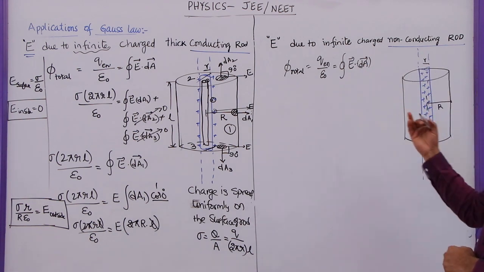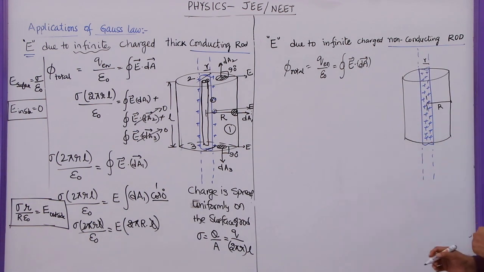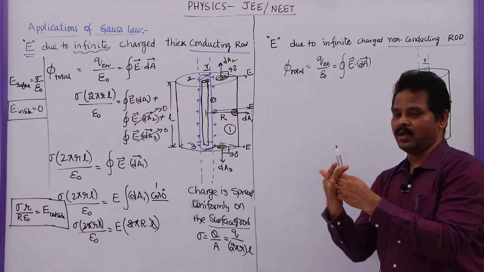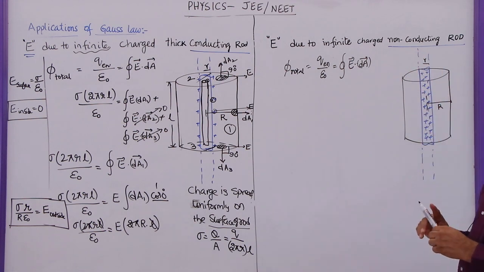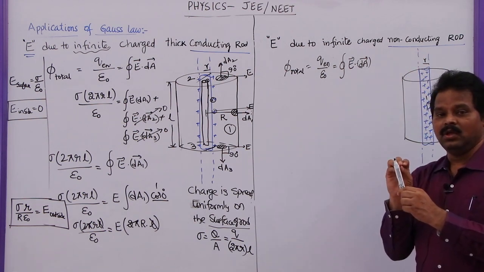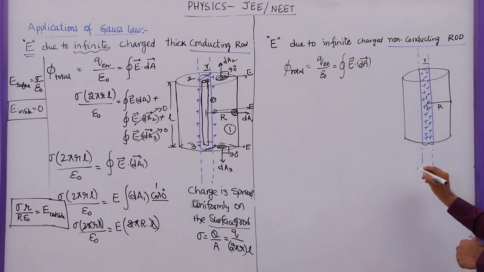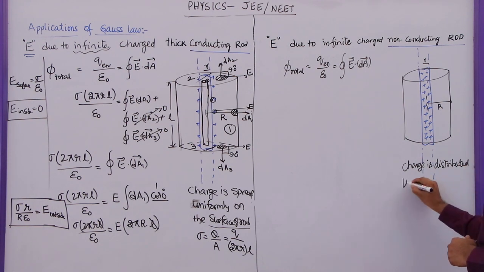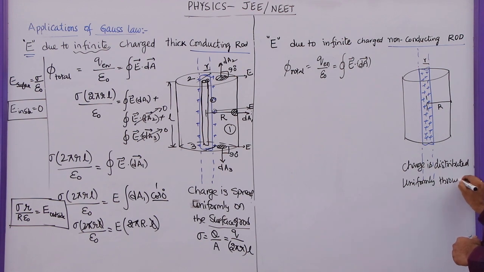Now in this case, what is the charge enclosed? Here, as it is non-conducting, charge is not only on the surface; charge is distributed uniformly throughout its volume.